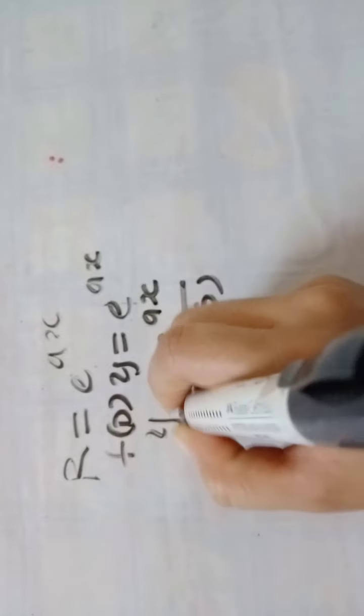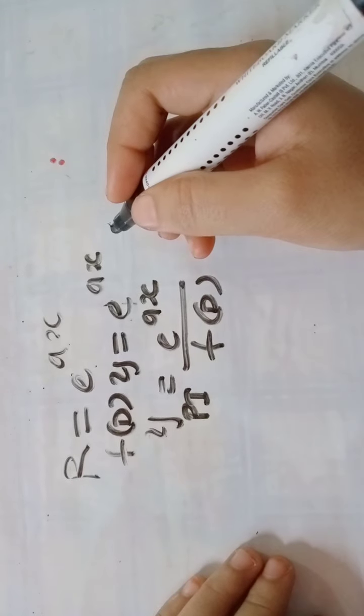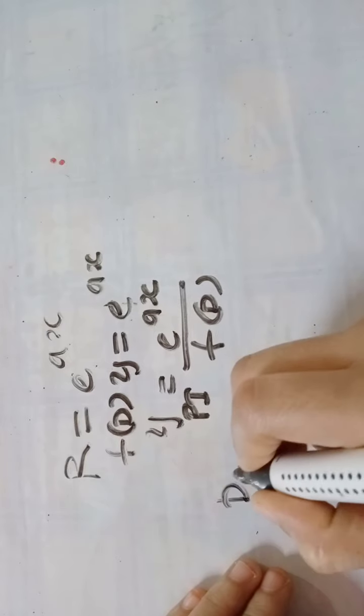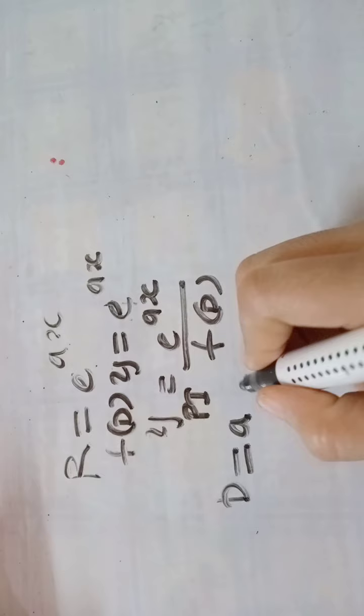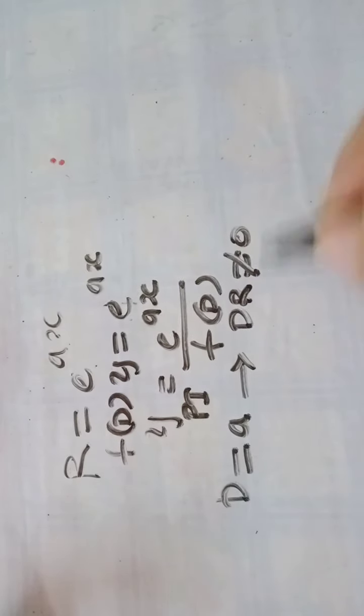So y is equal to e raised to ax divided by f of D. This is the y particular integral. How to find this e raised to ax divided by f of D? For that we have to use a method. We have to put D is equal to a first, and then we get the denominator not equal to 0.